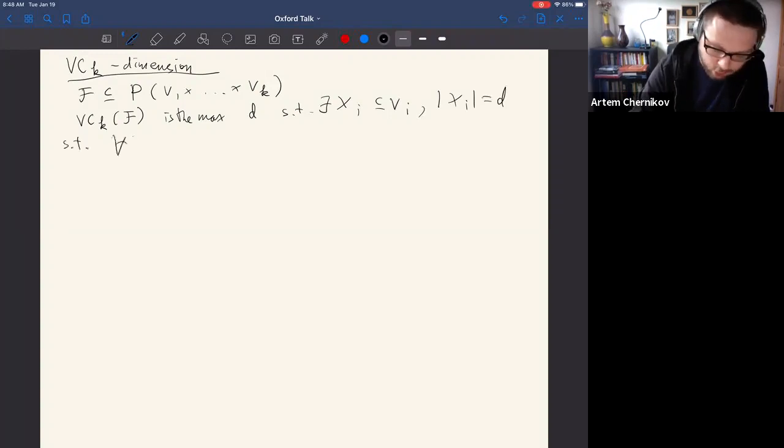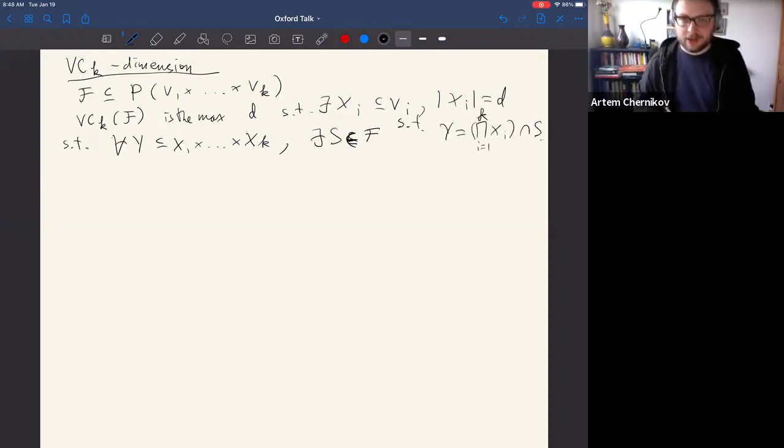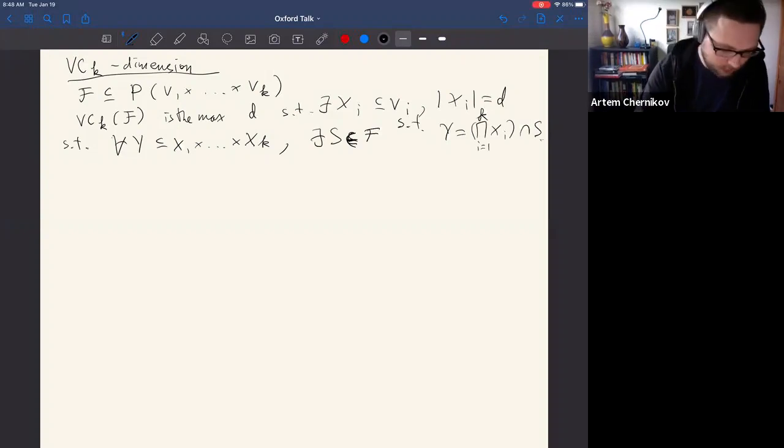So such that for all Y, a subset of the product of these sets X1 through Xk, there exists some set in the family, S in F, such that Y is cut out from the product by intersecting with the set S. Okay, so let's consider the VC2, the k equals 2 case, for example.